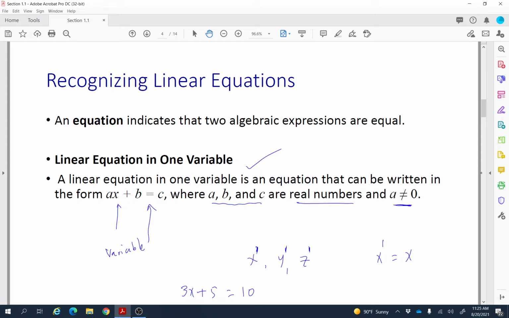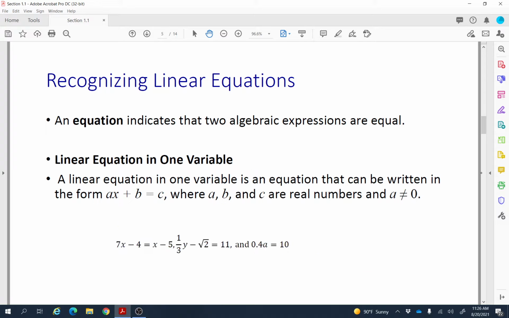So a linear equation means there should be an equality sign, there should be one variable, because we're talking about a linear equation in one variable, and the rest of the things should be constant, and that variable should have no power greater than 1. So x to the power, here you can see the exponent, there is nothing, that means there is 1. So that is called a linear equation in one variable.